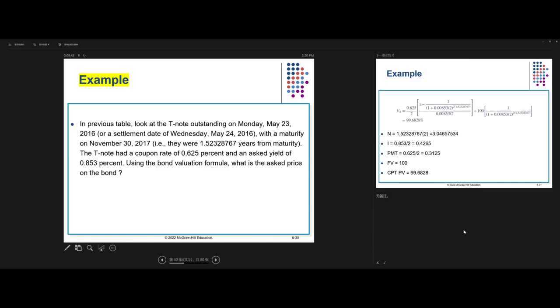Well, you can use the formula, but I think the easier way is just to use the financial calculator. So therefore, we know the N, that is 1.5232867 times 2. We know the coupon rate is 0.625% times the face value. Let's say it's $1,000.